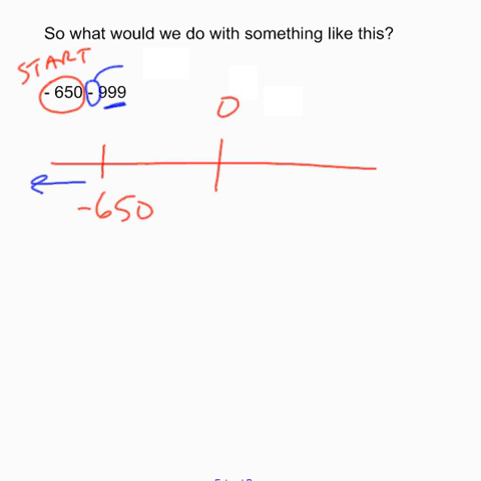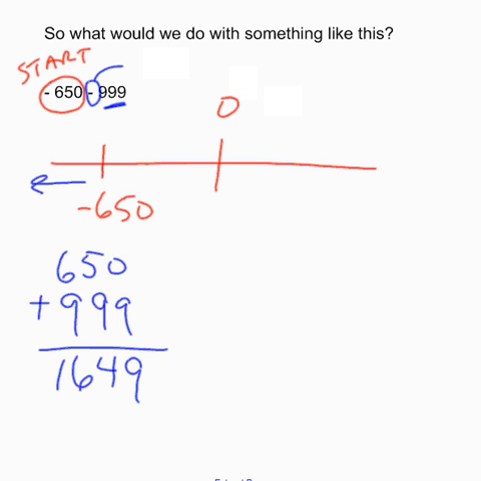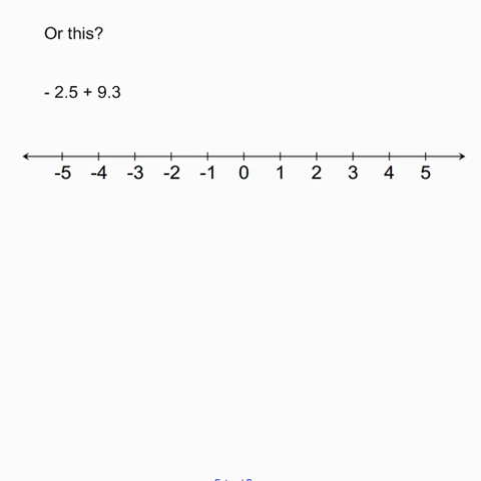That means I'm going to get much more negative. So what I'm really going to do is 650 plus 999, which gives me 1649. But it's going to be negative 1649 that I wind up at, because I started at -650, went more negative by 999, and wound up at -1649.